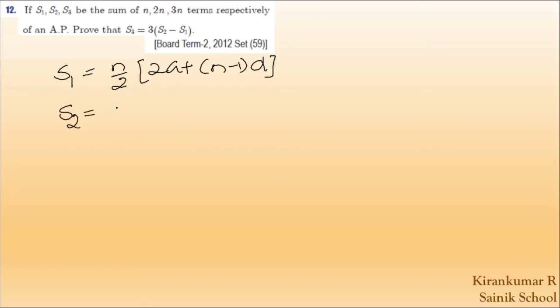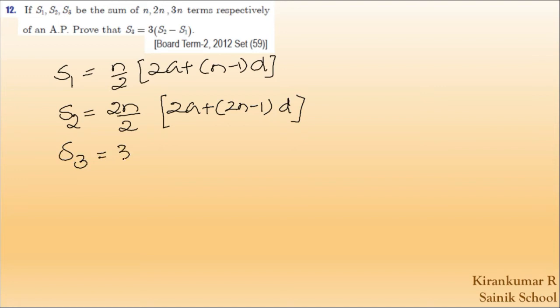S2 will be, instead of n, I need to take now 2n by 2 times of 2a plus 2n minus 1 into d. So S3, here you observe I am taking 3n in the place of n. Now we have got S1, S2, S3.